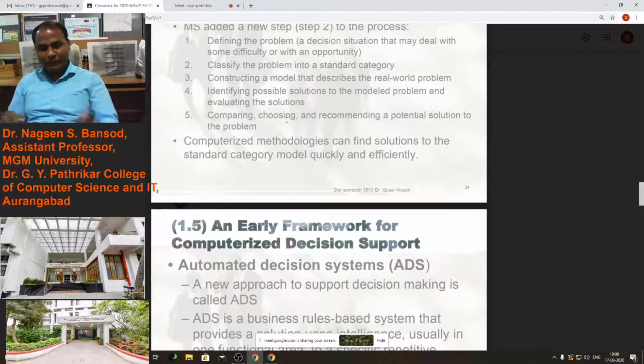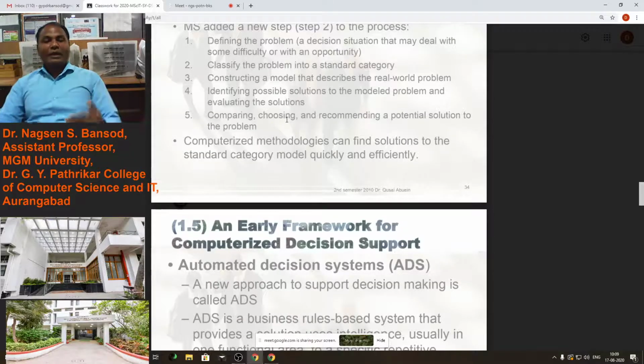This is computer based, web based technology. Suppose we are using a mobile phone in our business, that is a computerized decision support system. Suppose we are using the computer to store customer records, car models, designs and everything, then that is the computerized decision support system.